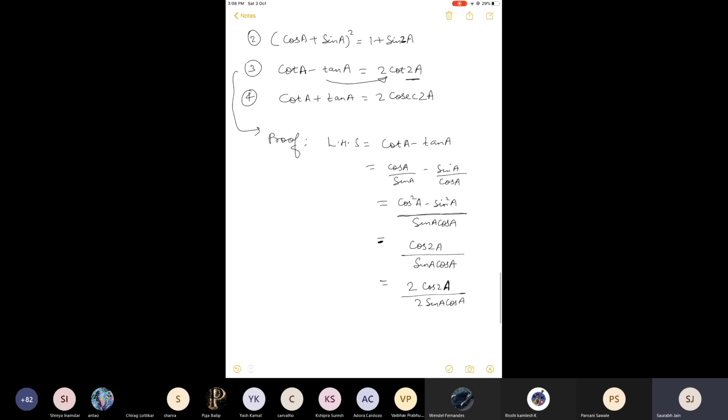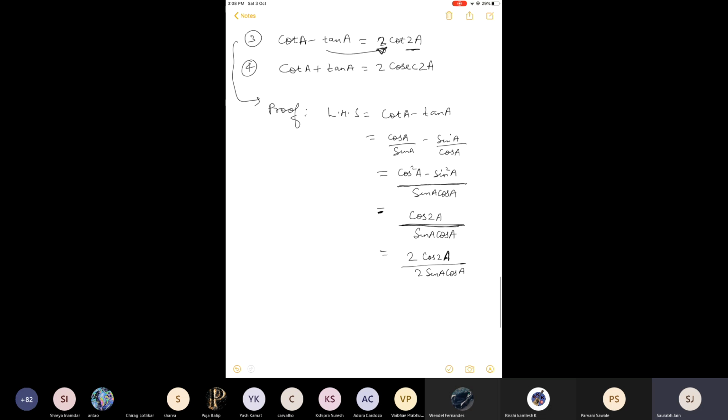The reason is obvious. On the right hand side we have this number 2, but till now we don't have any number like this, so we need to create it by multiplying and dividing. There is one more reason behind multiplying by 2: in the denominator we will have the formula 2 sin A cos A, sin 2A.